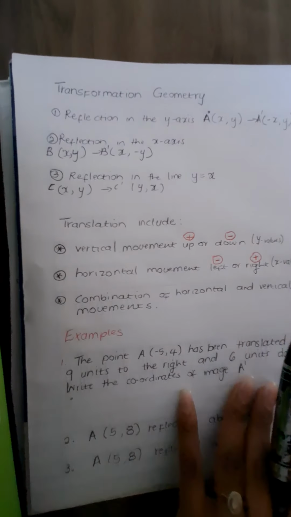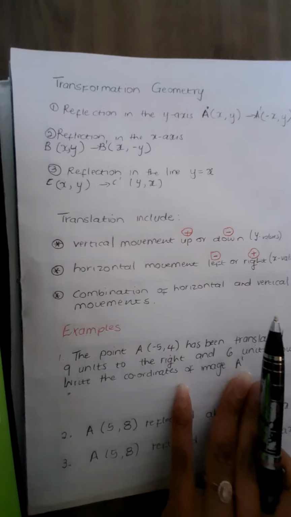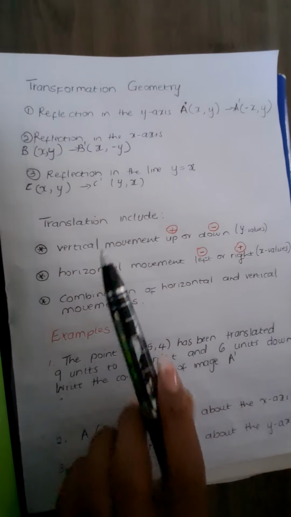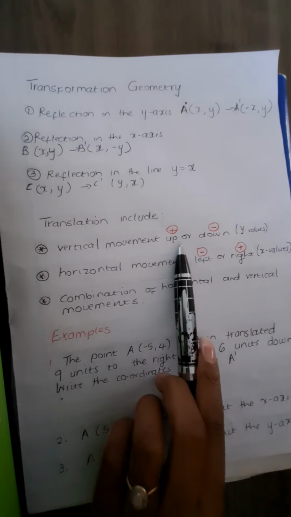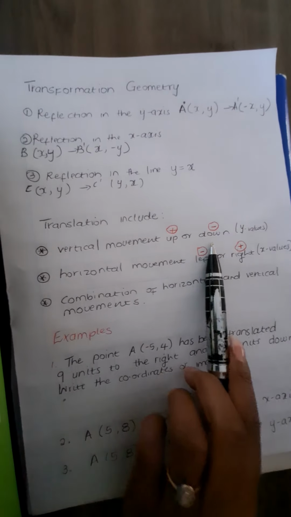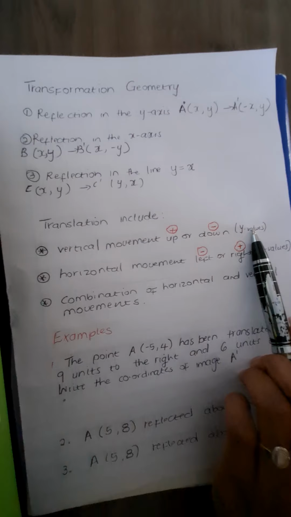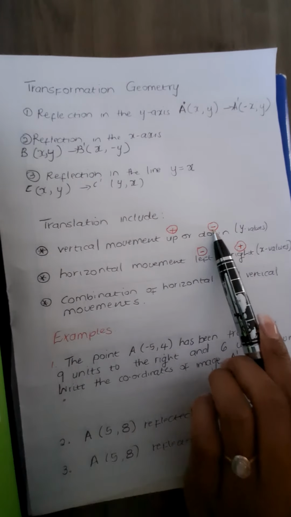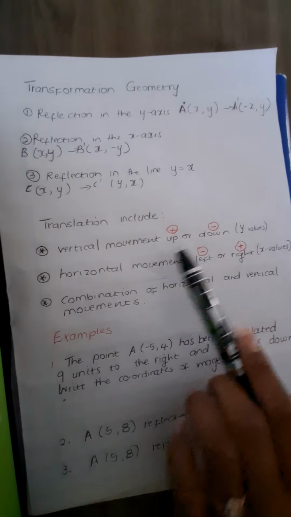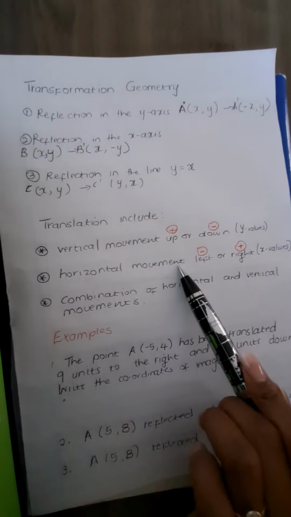And then we also have translation. Translation includes vertical movement, moving up or down, and that is your y values. So up is positive, down is negative. We also have horizontal movements.